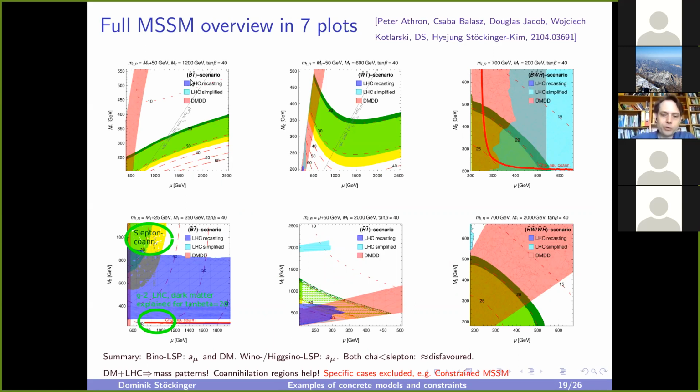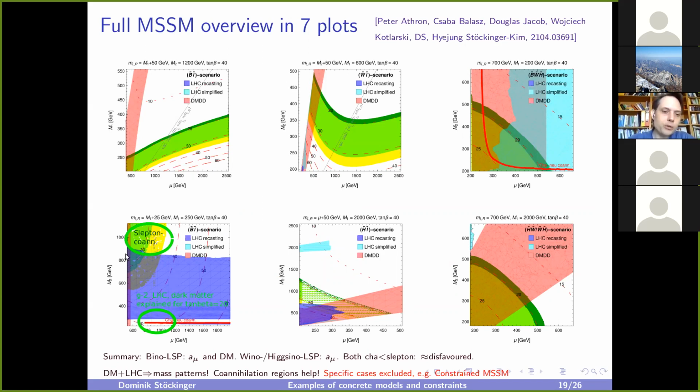So what do we do here? We can first of all categorize the SUSY or MSSM parameter space into the different dark matter candidates, or the different LSPs. In the left column of plots, we have Bino-like LSP. That means dark matter is fully explained by a Bino-like LSP, and that is what we already discussed.